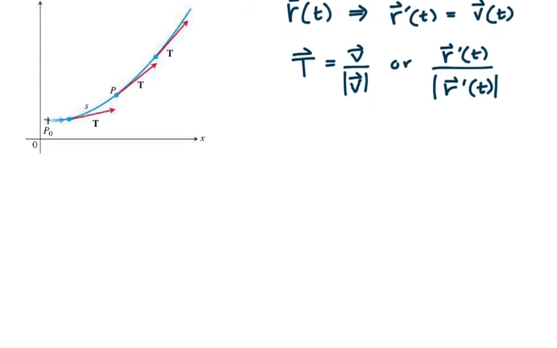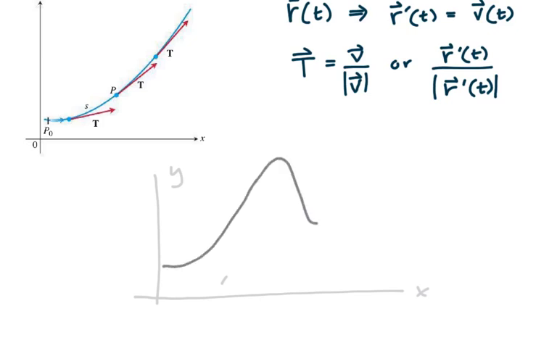So just to kind of visualize this and draw it with you, if I have my XY plane and I have some curve that maybe, I don't know, goes all over the place like this.